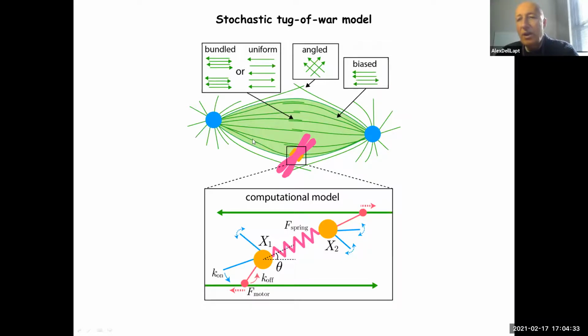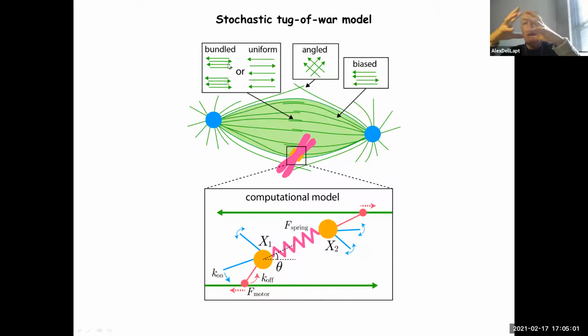Now, what would be the difference between microtubules in different parts of the spindle? If you are at the equator, we know that microtubules of opposite polarity overlap, and you have this bipolar microtubule network. It could be either uniform, or they could be bundled.